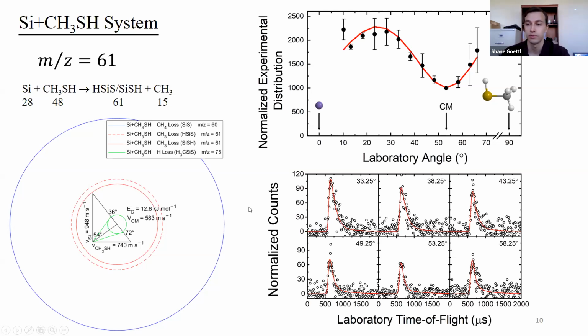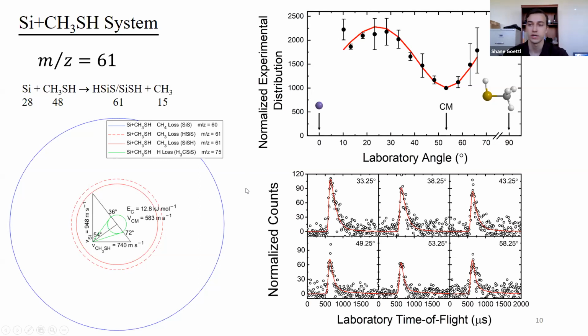We can get more information on the system by constructing a Newton circle diagram. This uses our reactant velocity vectors to get the maximum velocity of our product in the center of mass reference frame, denoted by the circles.